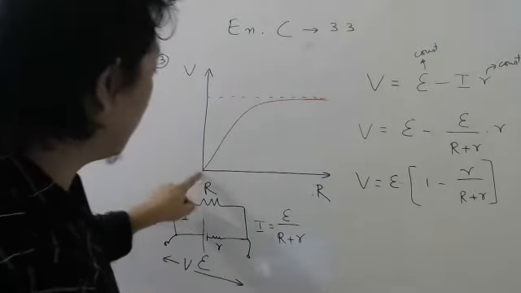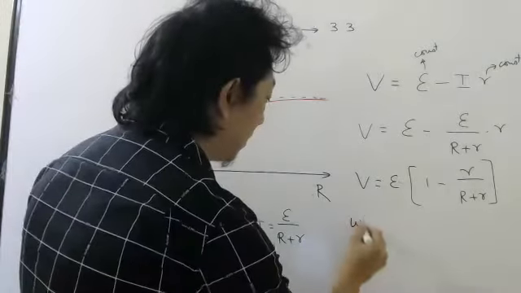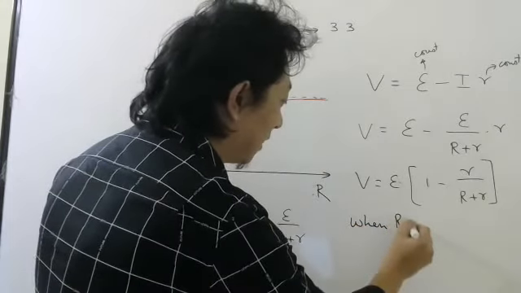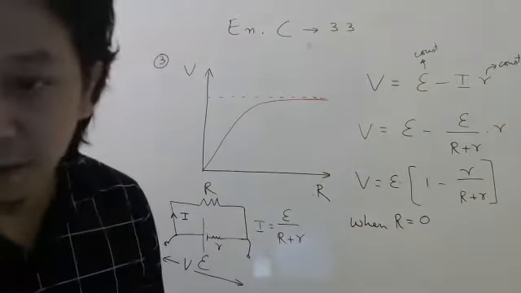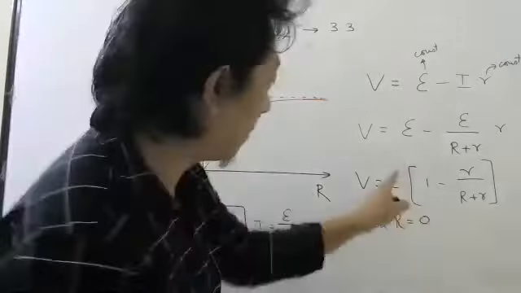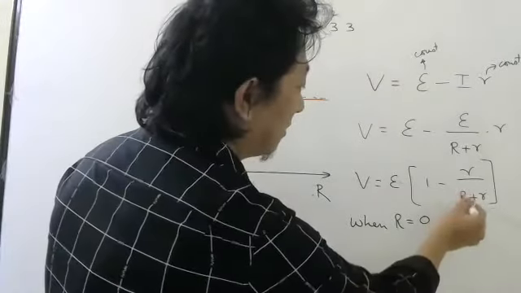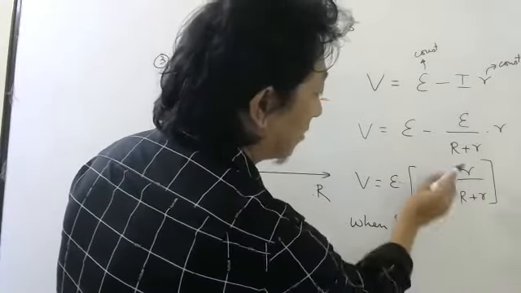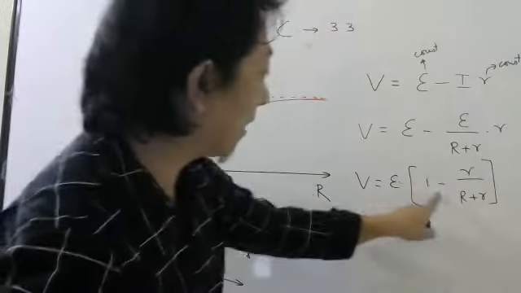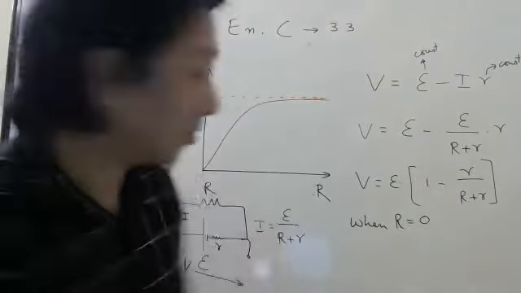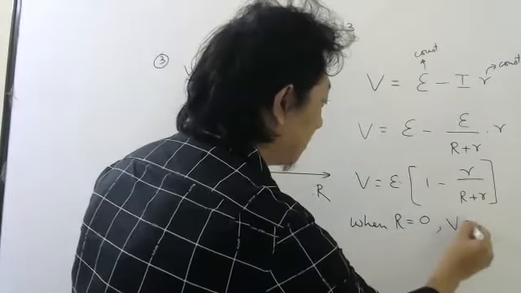So at origin, capital R is 0. When capital R is 0, what will happen to this formula? If this R is 0, you can see small r will cancel. 1 minus 1, 0. So your V will be 0.